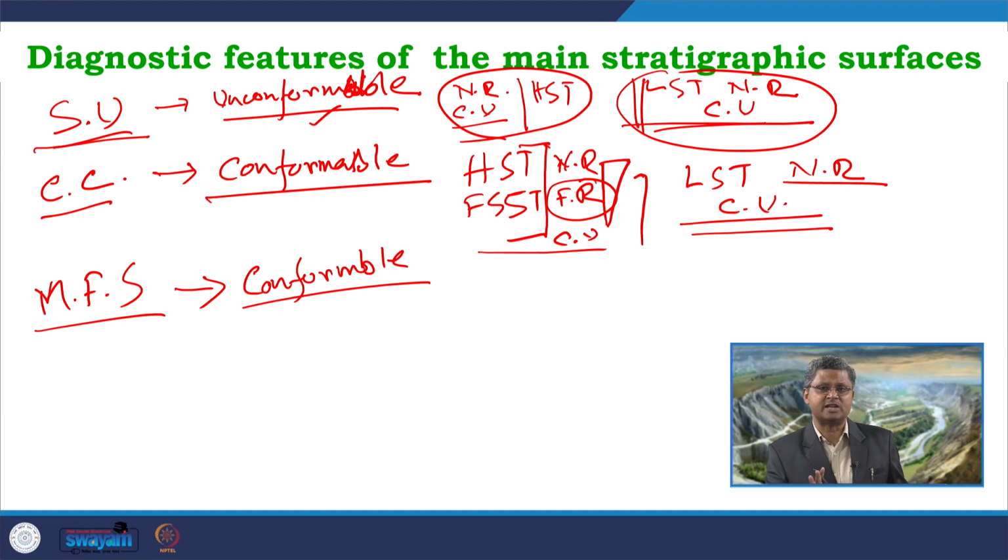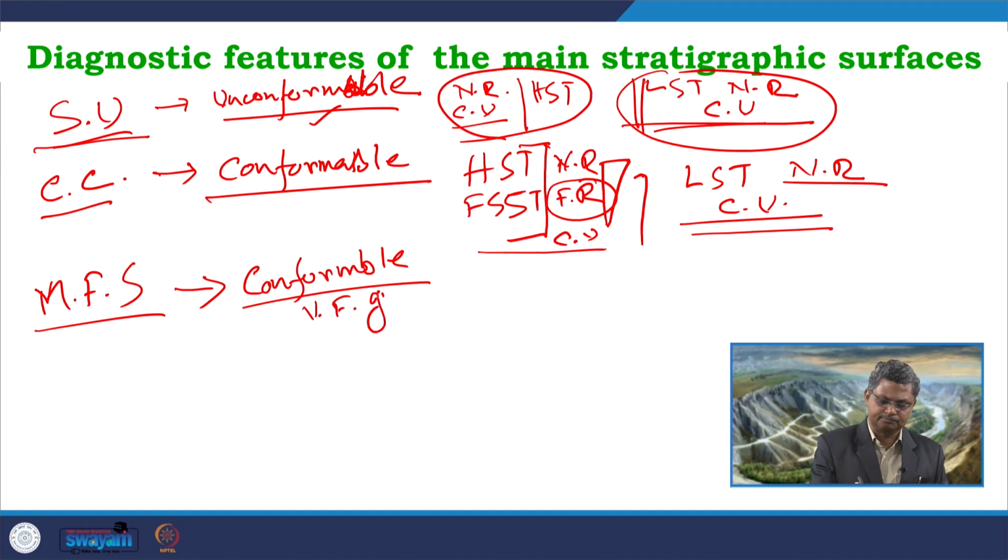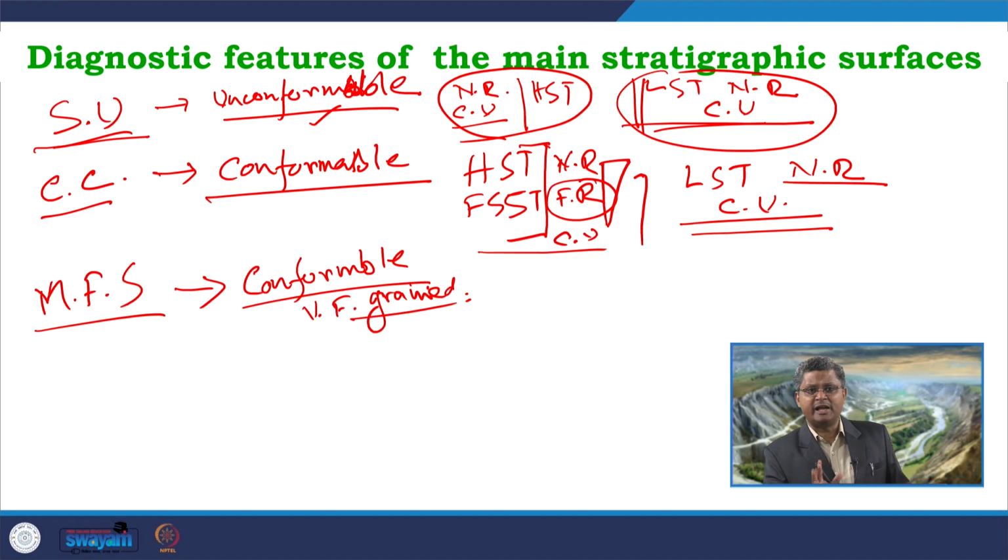Normally it is a conformable surface, and when maximum flooding surface is reached, water level is very high, it is the peak of transgression. So, it is commonly associated with very fine grained sedimentation. So, this maximum flooding surface is underlain by a TST, transgressive systems tract.